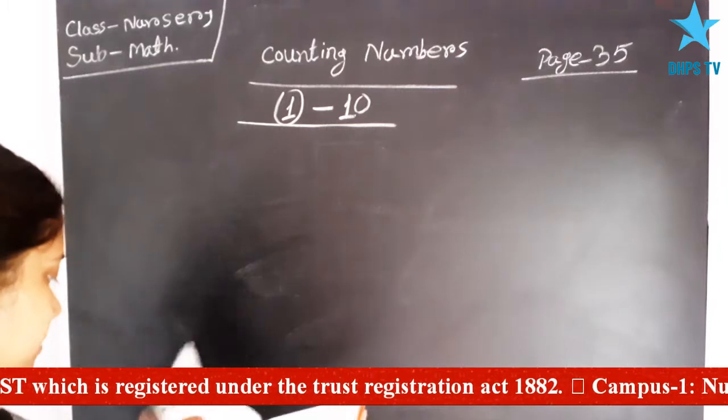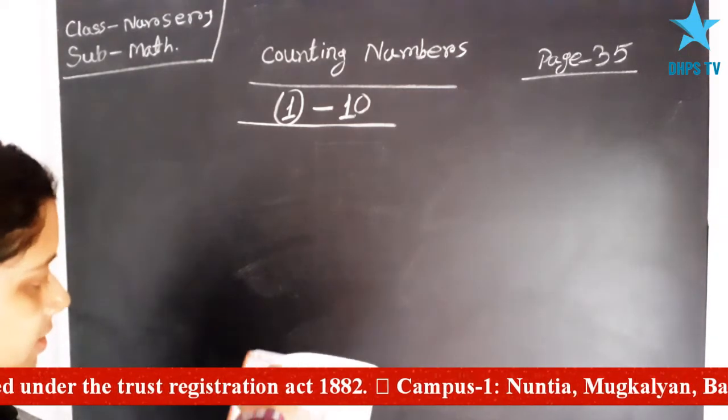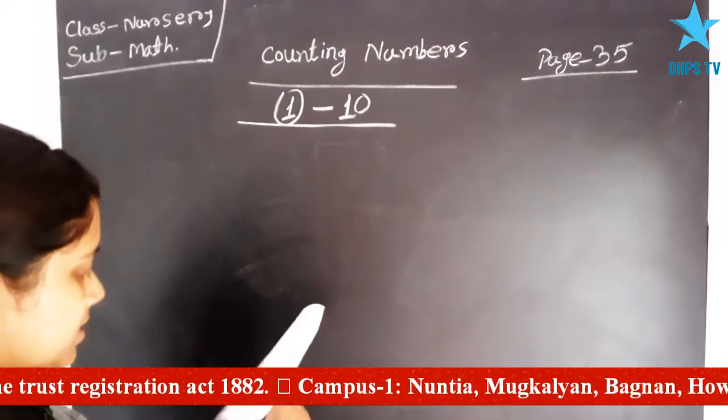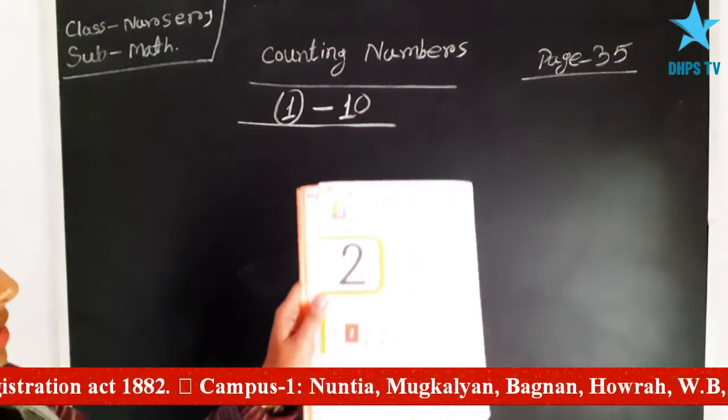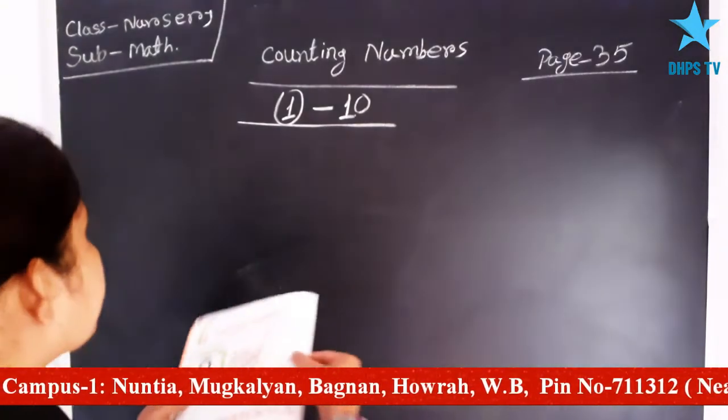The second number is in the page 36, and this is 2.